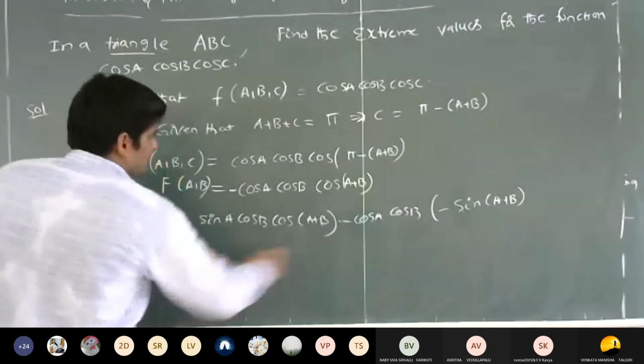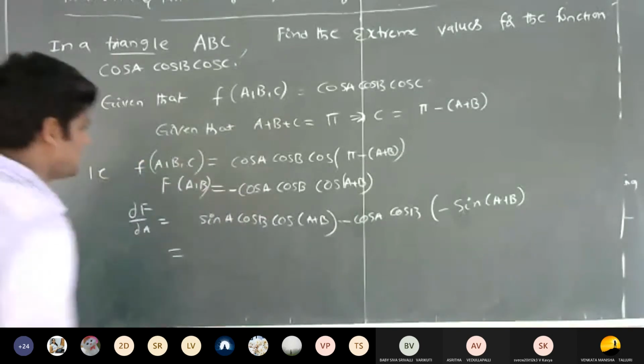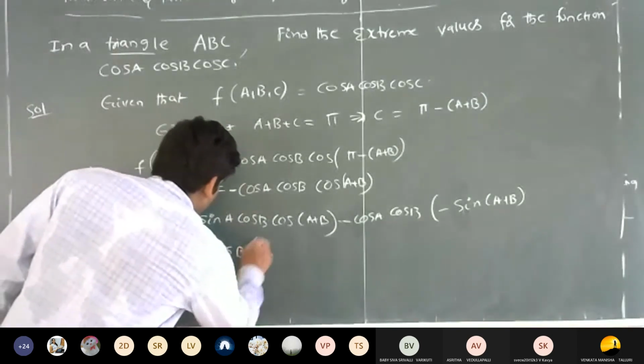Here minus into minus is plus. Cos B is constant.